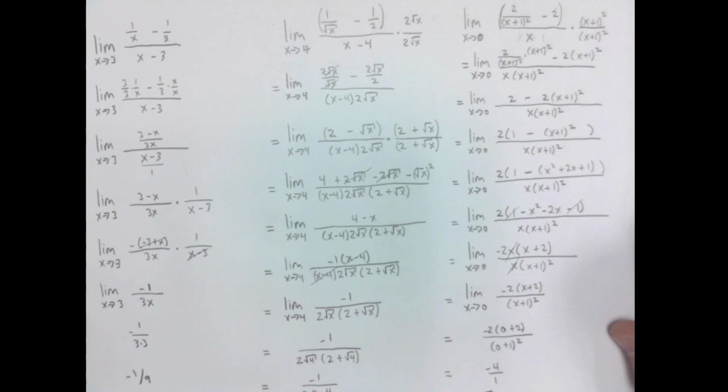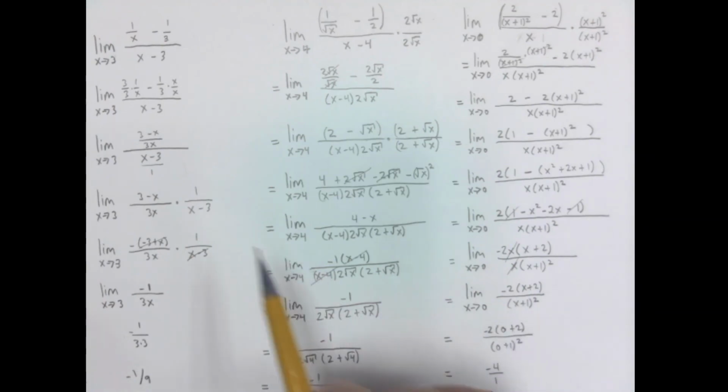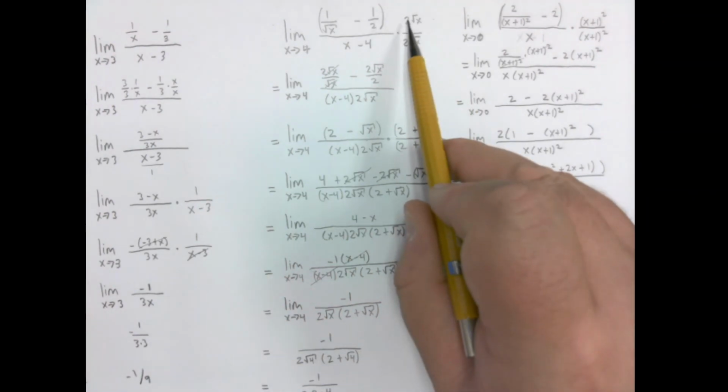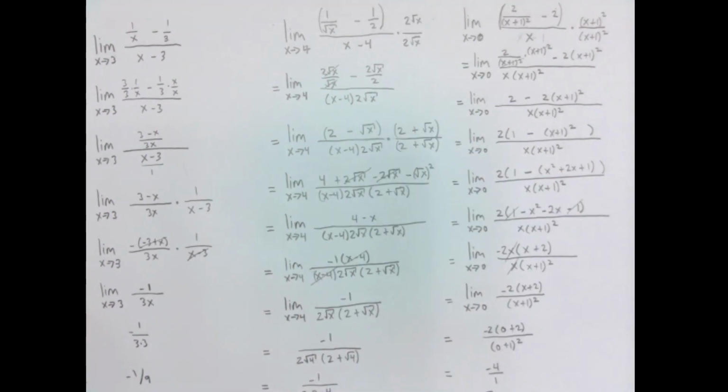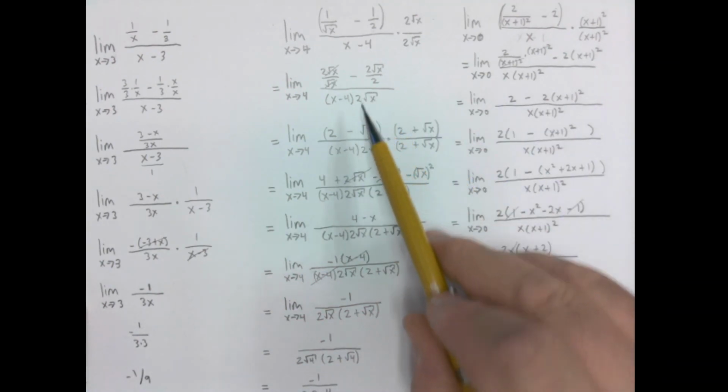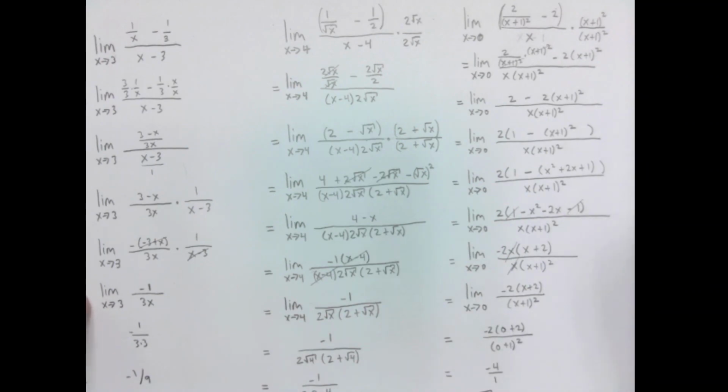Here, our strategy, broadly over all three problems, was to eliminate the compound fraction, which you can do by getting common denominators for your two smaller fractions in the numerator, or you can also multiply by the least common multiple of those two denominators to achieve the same result. The middle problem took us a little more work because of the radical involved, the square root. We also had to rationalize the numerator. This one, we had to do a little bit of expanding and collecting like terms as well.